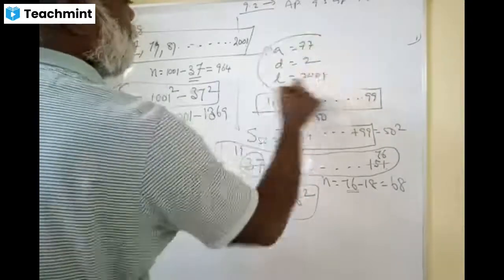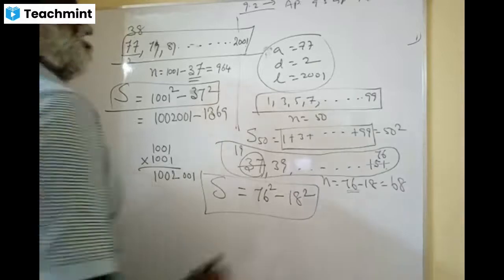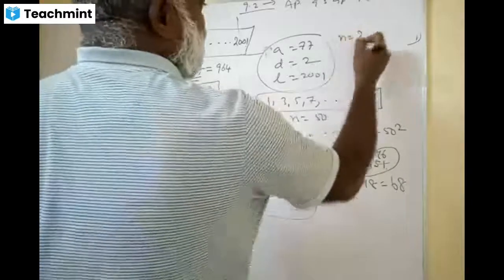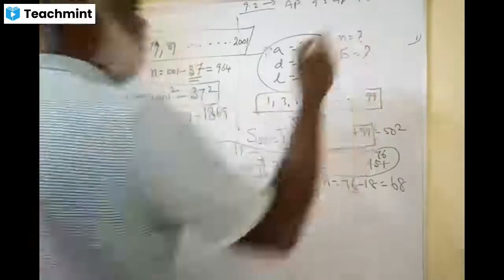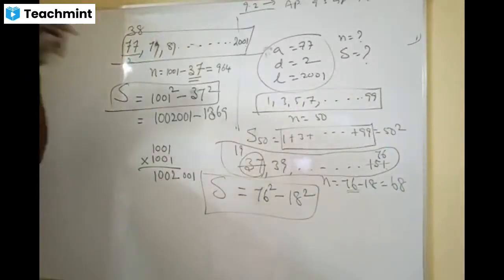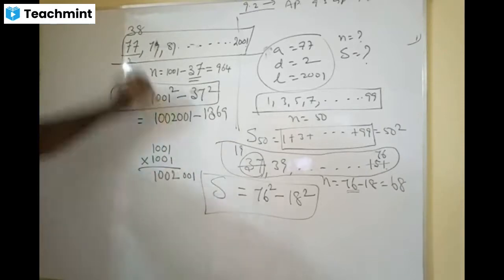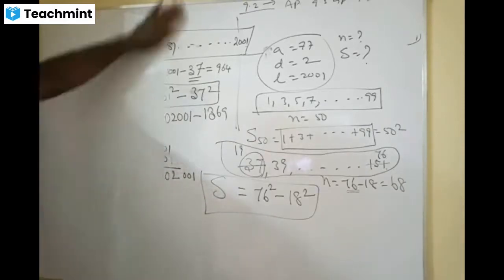Using the concept, you can find out n first, then you can find out the sum. And the problems are okay, but we are doing it so fast. So this is one model.